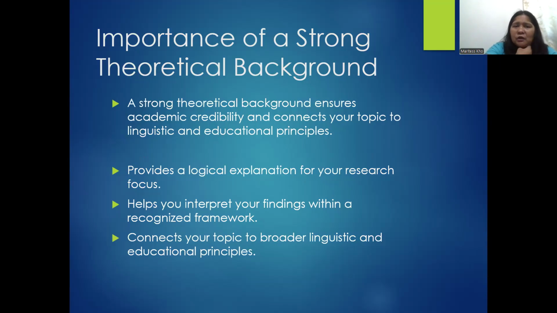Okay? Now, it also provides a logical explanation for your research focus. That's the second importance.